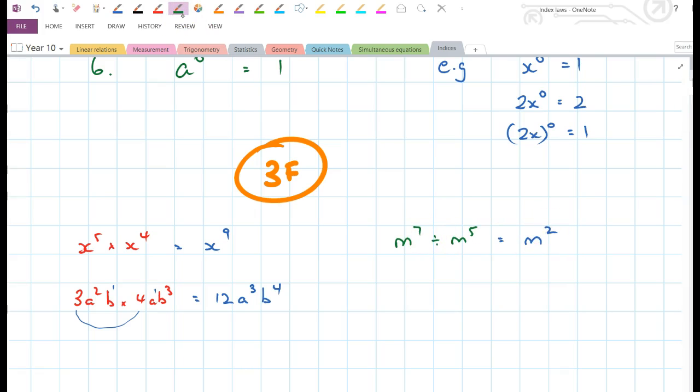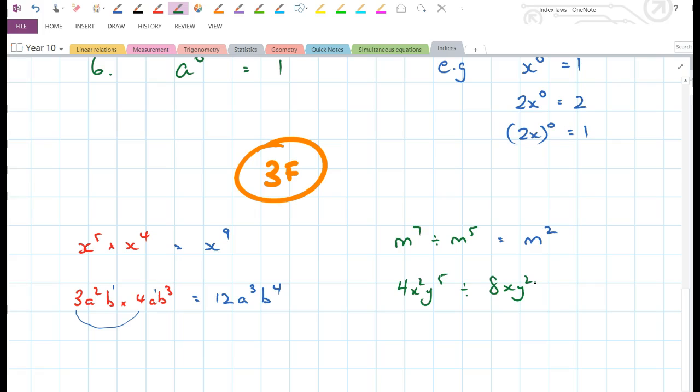And then a more challenging one: 4x squared y to the power of 5 divided by 8xy squared.